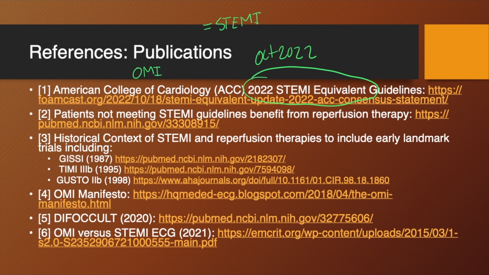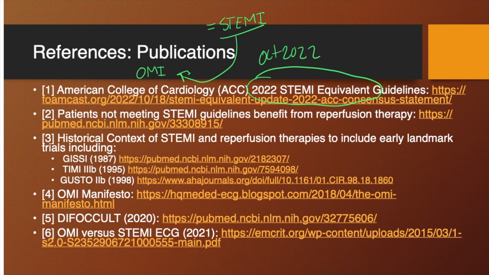Okay, so they use the term STEMI equivalent as opposed to OMI, but they're really fundamentally talking about the same thing. And this was published back in October 2022.